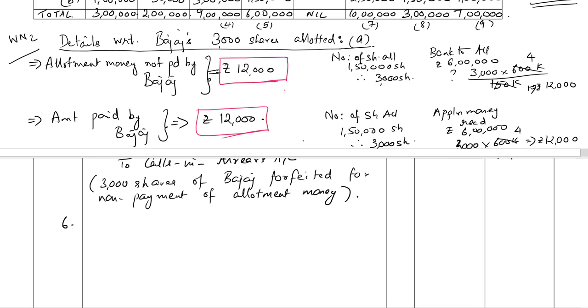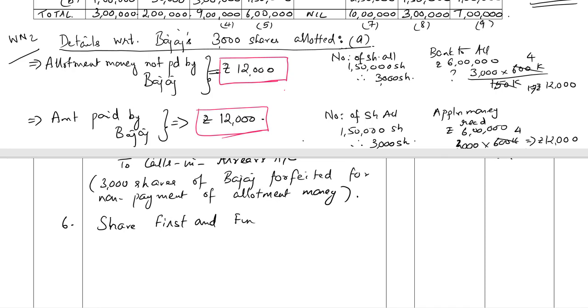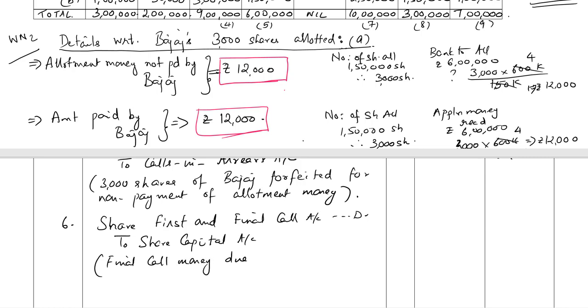The sixth entry, we will make the share first and final call money due. Share first and final call account debit, to share capital account, for the final call money due.